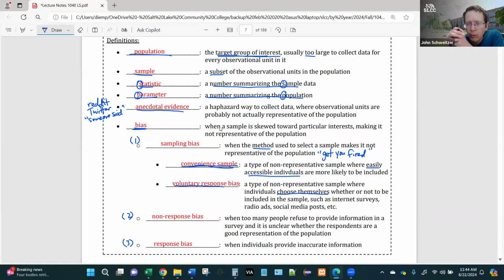What I mean by this is that people are seeking out, or are in a position where they're seeking out, polls and other opinion surveys, basically.